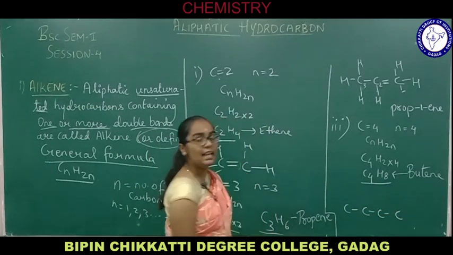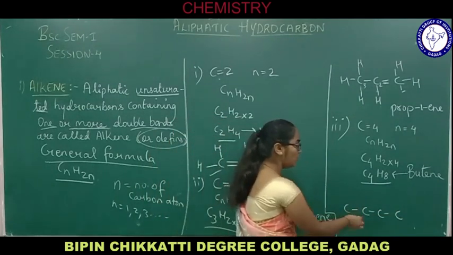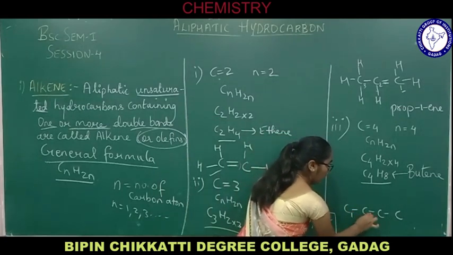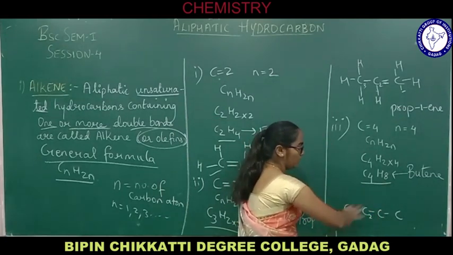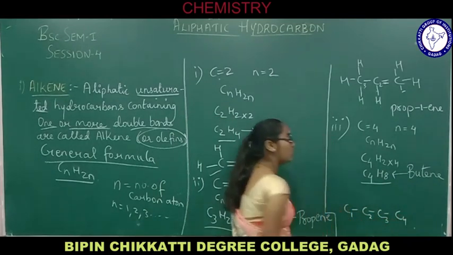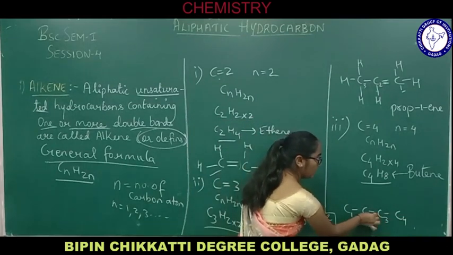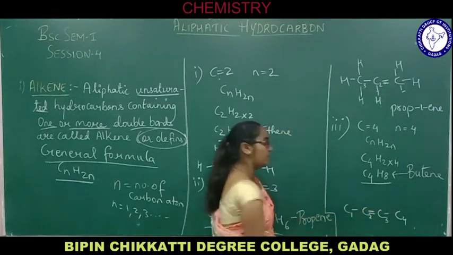Now in alkene we know that a double bond will be there. Now let's number the carbon chain over here. 1, 2, 3, 4. I want to draw that double bond between carbon number 2 and carbon number 3. So I am drawing this double bond in between carbon number 2 and carbon number 3.